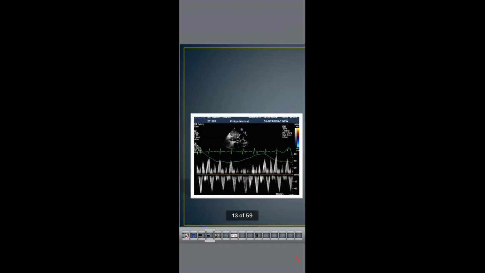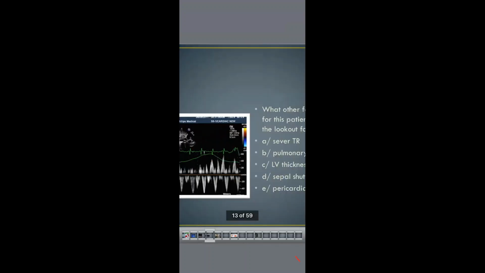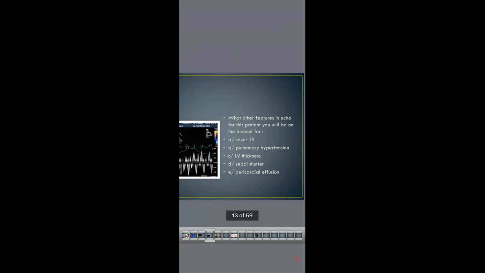You agree? Okay. So which one of these? Not severe TR. In severe TR, you will find a systolic reversal, not diastolic reversal. All what we see here are diastolic reversal. The systolic reversal is this one. I'm going to show you here.